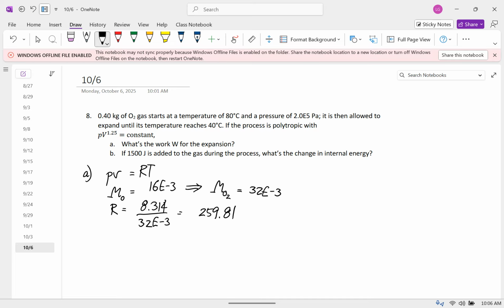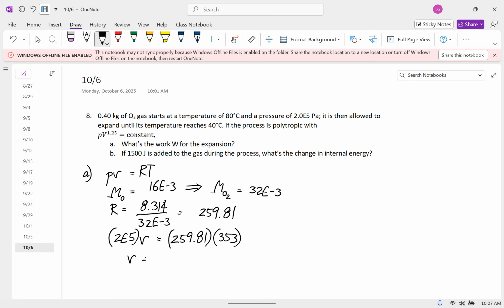Now put it into the ideal gas law. You have 2 times 10 to the fifth times the specific volume is equal to 259.81 times the temperature in Kelvin, 80 Celsius plus 273, so that's 353.